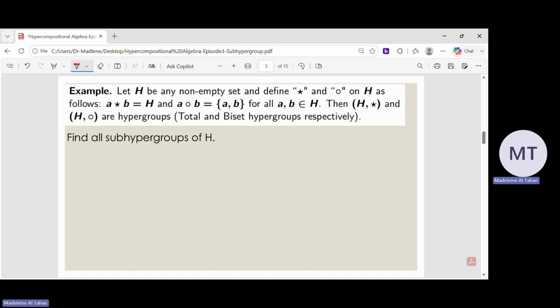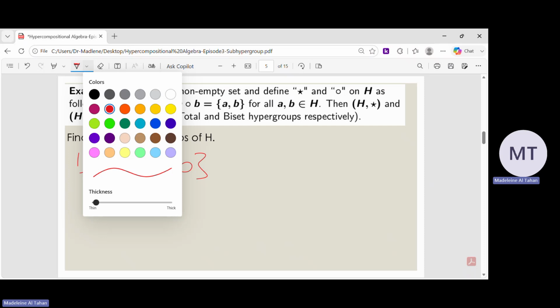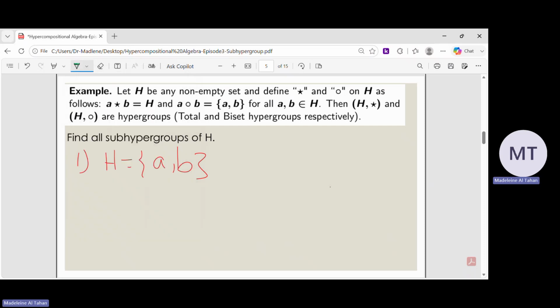For the biset hypergroup, I will take one example when H is equal to {A, B}. And we will consider the biset hypergroup, which is this one.